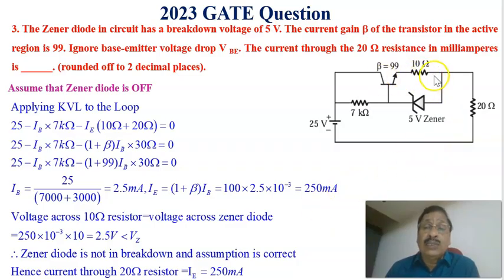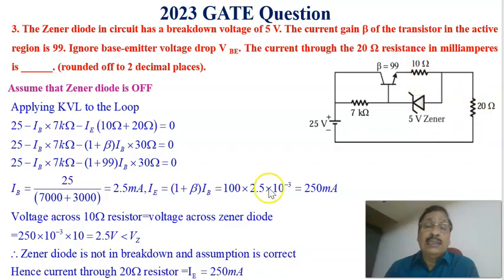The drop is 250 into 10 raised to minus 3 into 10 ohm, which is equal to 2.5 volt, and the Zener breakdown voltage is 5 volt. Since this voltage is less than the Zener breakdown voltage Vz, the Zener is not coming to the breakdown region. Therefore, this is open circuited.